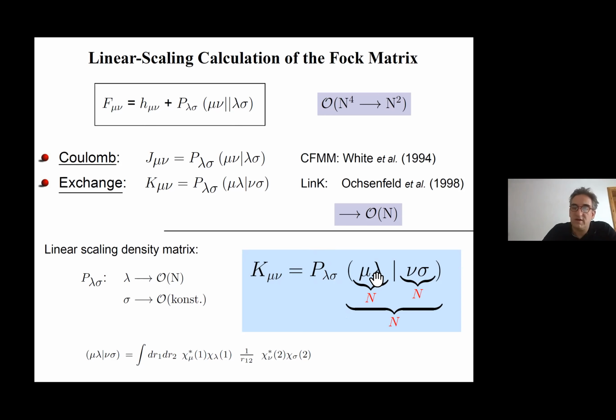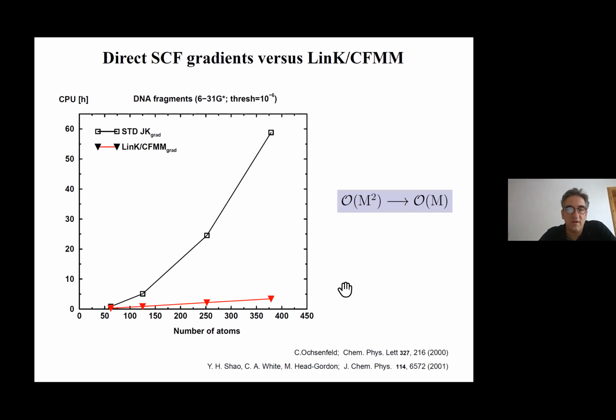So we couple the two sides of the two electron integral, and this reduces the scaling down to linear if the one particle density matrix is a local quantity. If we have a block of gold atoms, we have a non-local system. But for many other systems, we can exploit this locality. And this is the important feature of linear scaling methods for Hartree-Fock and density functional theory.